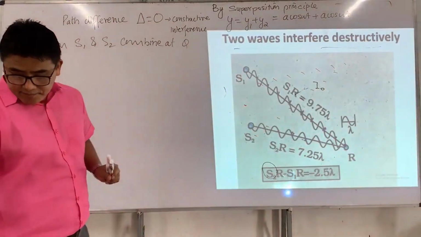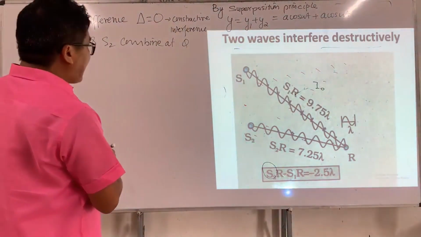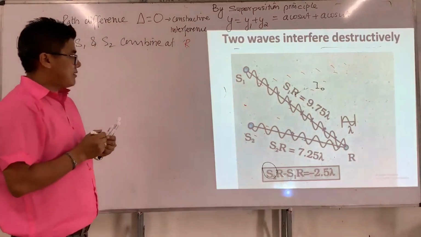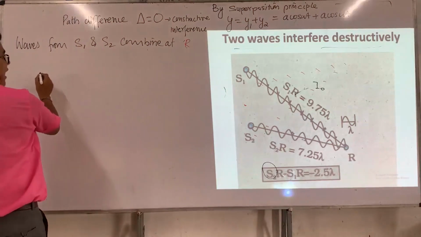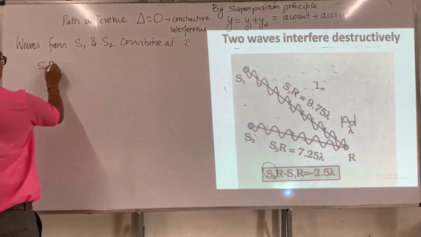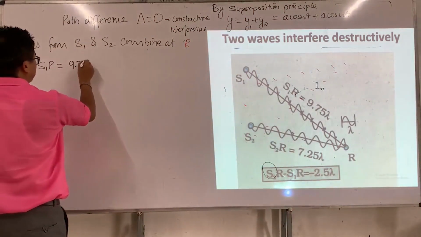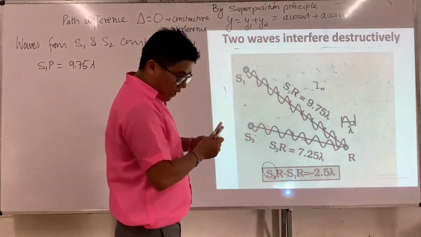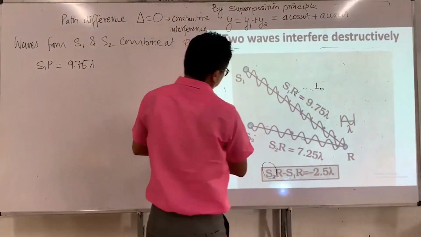Again, the waves from S1 and S2 combine at a point, let's say point R. From S1, the ray's travel distance S1R is going to be 9.75 wavelengths.